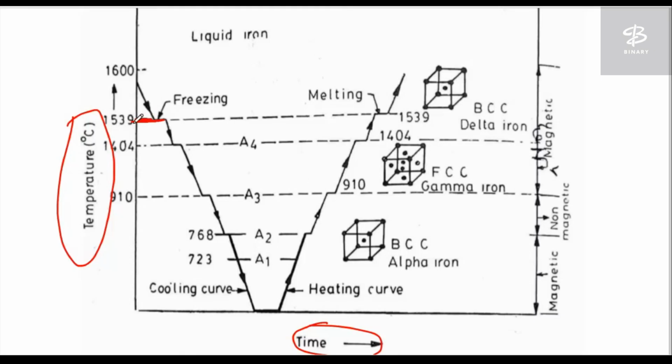Why? Because this is basically the melting point of iron. If you are heating it, until 1539 degrees centigrade all the heat is going to raise the temperature of iron. But as soon as you reach 1539 degrees C, your iron will start melting. That is the melting point.